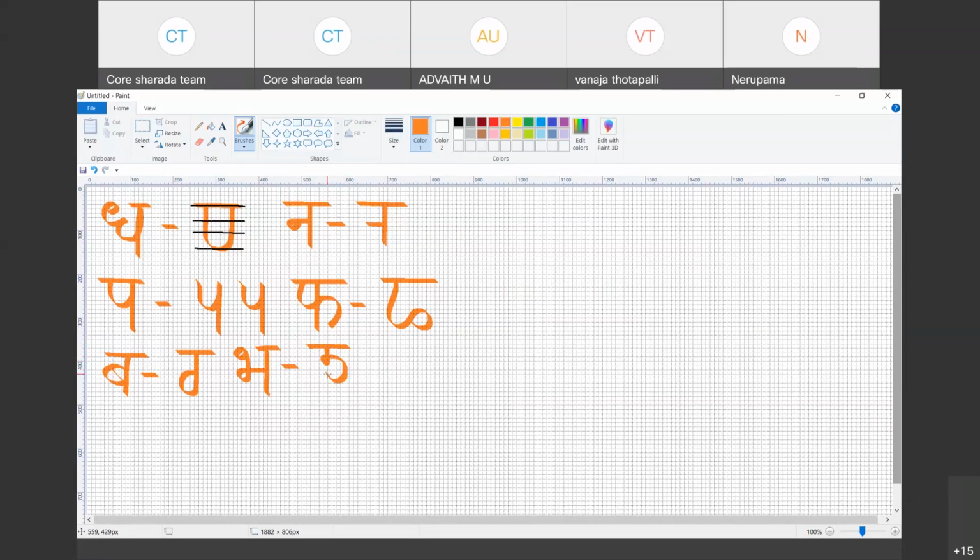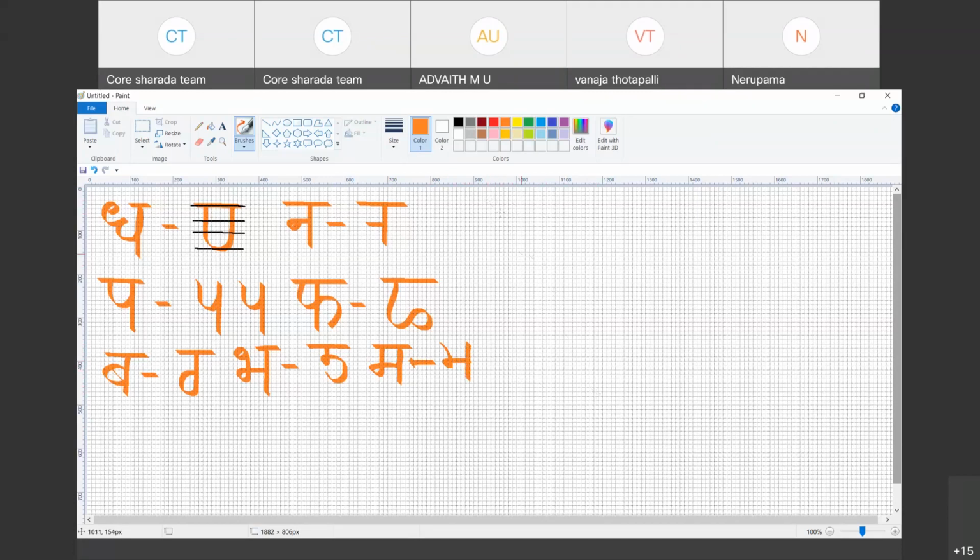This is bha. Then ma. This line would be curved, then a round here, then a straight line here, and no Shirorekha here.